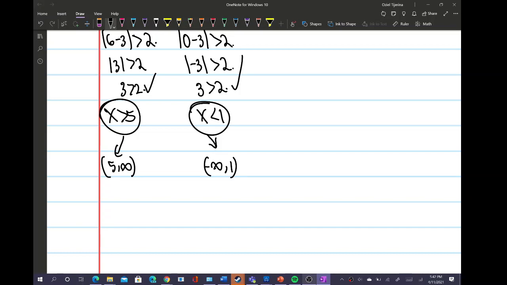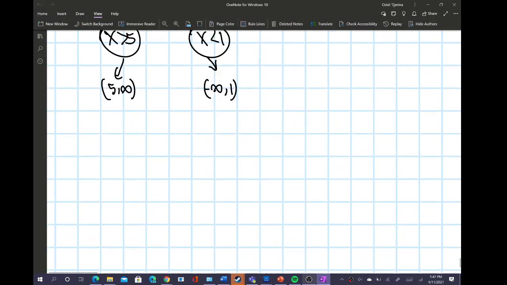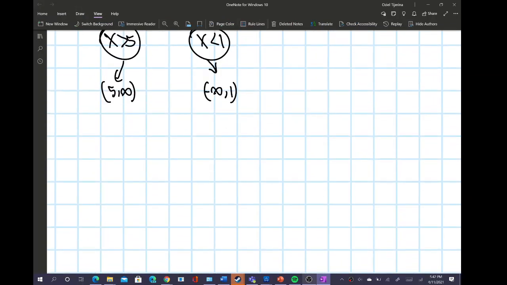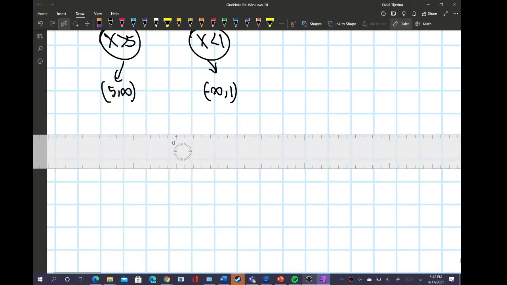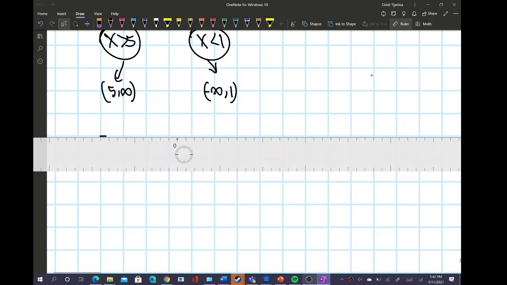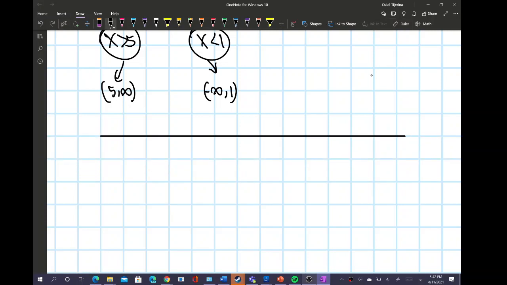Now, if they asked you to graph this inequality, you would say, okay, let's graph this inequality.